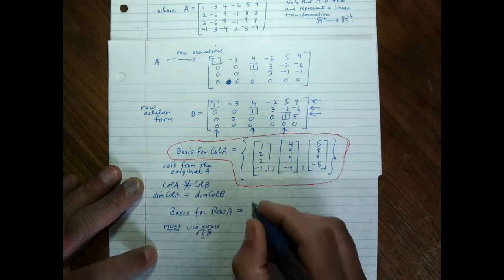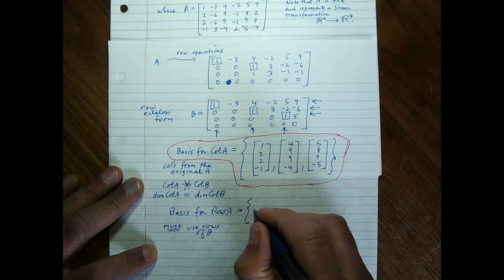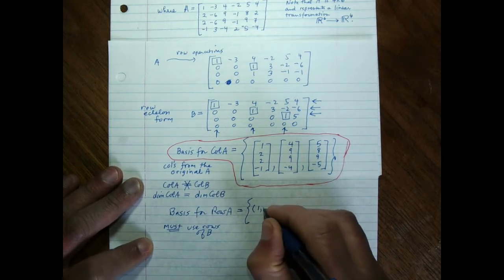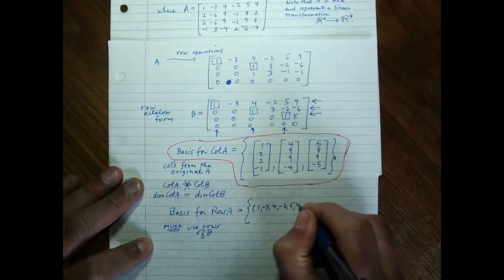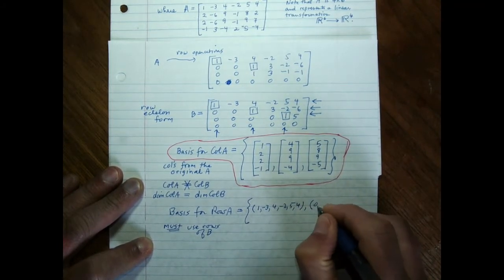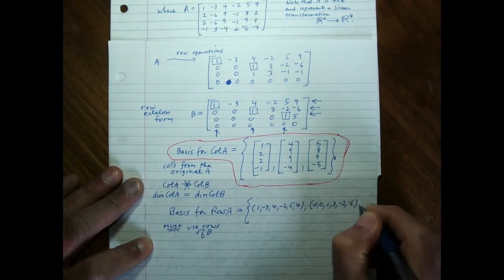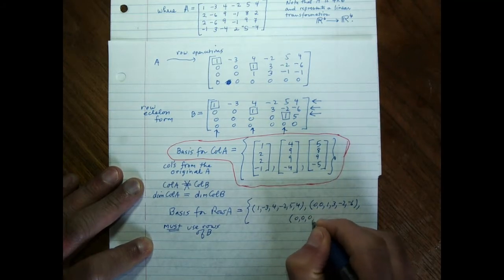I'm going to write them horizontally. So I have 1, -3, 4, -2, 5, 4, and 0, 0, 1, 3, -2, -6, and a third vector, 0, 0, 0, 0, 1, 5.